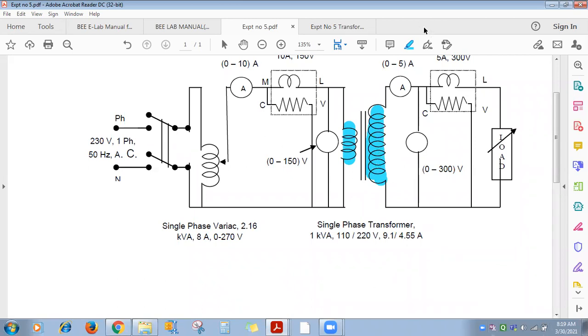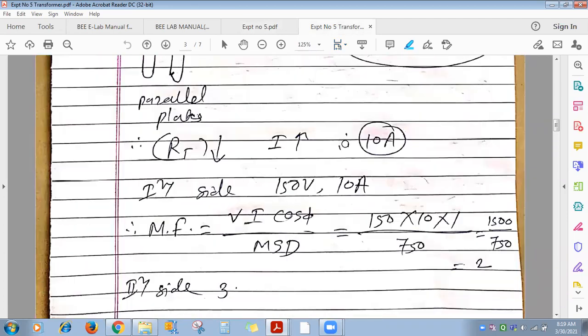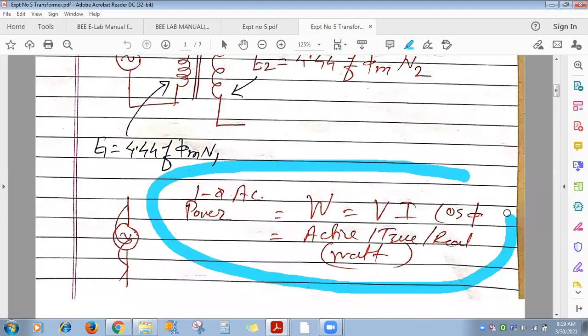So what is the formula for single phase AC power? VI cos phi. Okay, unit is watt and it is denoted by capital P. So along with voltmeter ammeter reading, power factor also required. So what is used to measure the power in AC circuit?